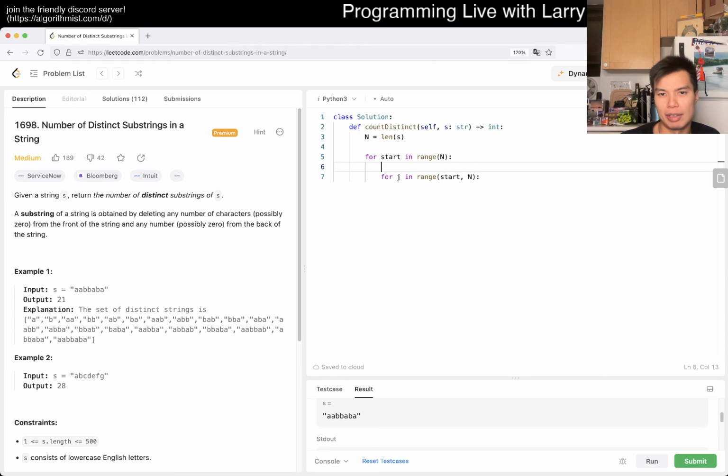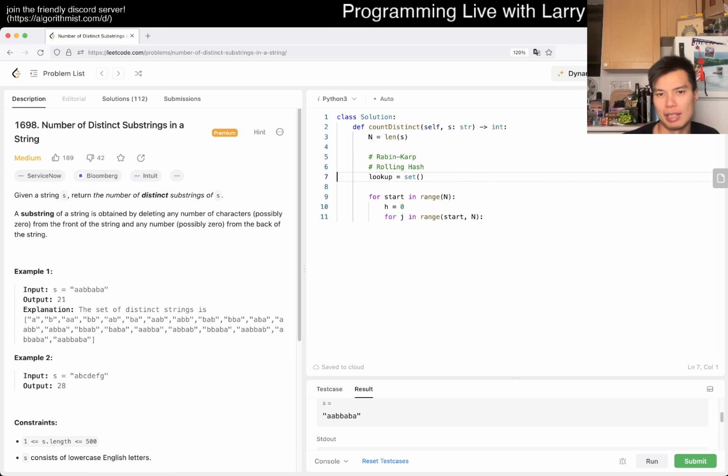So now you have a hash equal to 0, right? So you have lookup equal to set, and then this is just like Rabin-Karp, rolling hash basically, right? So this is equal to s sub j minus character of a, plus 1, times some base, and then mod.